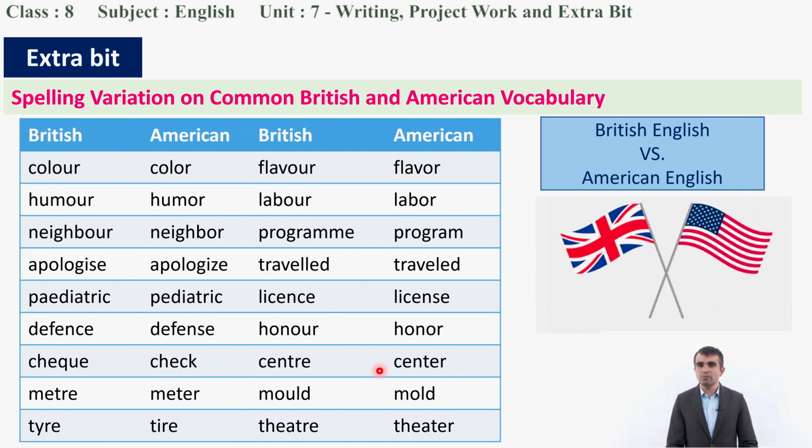Here we talk about British English and American English. So here you should understand that British English means English spoken by British people and mostly in Britain, and American English means the English mostly spoken in America and by American people.